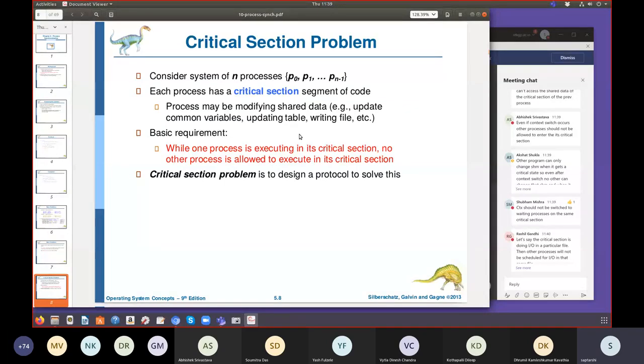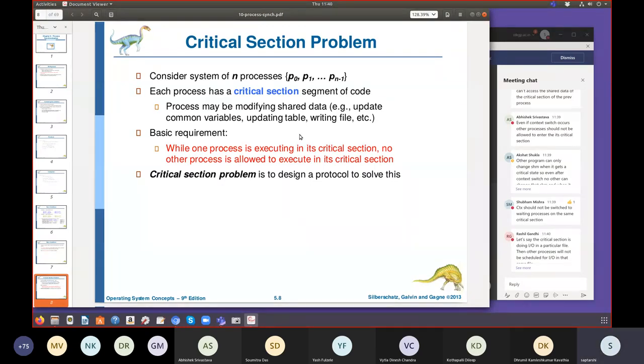Before it finished executing its critical section, it was swapped out and PJ was allocated the CPU. Now PJ also has the same shared memory. So now PJ is running, but even then it should not be allowed to access that shared memory which it shares with PI, because PI is in its critical section.